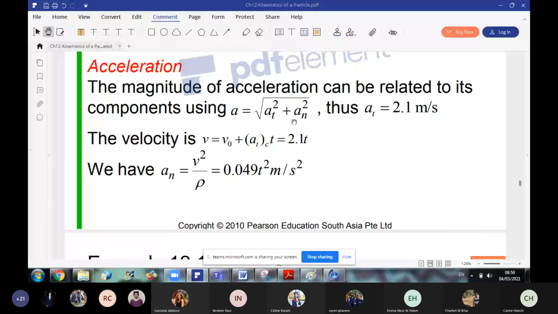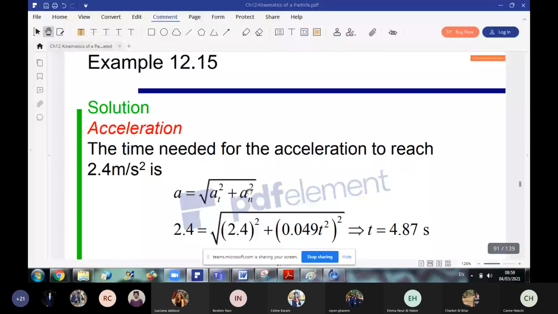The velocity is v0 plus a constant times t, and applying the boundary condition, v0 is 0, so v is 2.1t. By replacing v by its value in an, you get an as a function of t, where rho is 90 meters. Once we have the expressions of at and an, we can replace in the equation a equals the square root of at squared plus an squared.